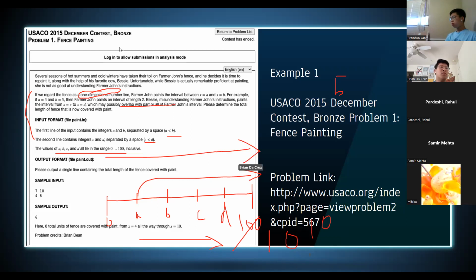You can think of 0 to 100 as the length of the fence. If the length of the fence was 10 to the power of 10, you wouldn't be able to go through the entire fence, simulate the situation, and then count or not count the intersection. There are too many operations for your computer to handle. But in this case, there's only hundreds here, so you're able to do that.